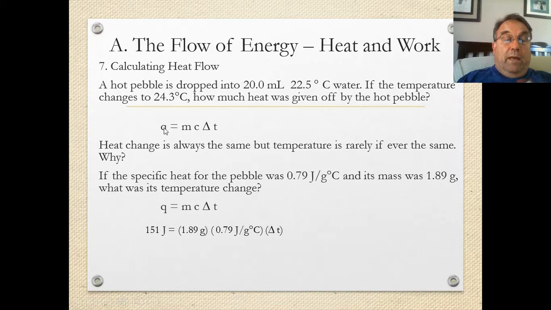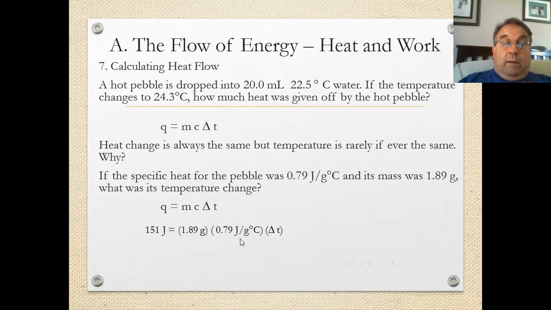We know that it lost 151 joules of energy to the water. The mass of the pebble is 1.89 grams. The specific heat is 0.79. So then we just solve for delta T.